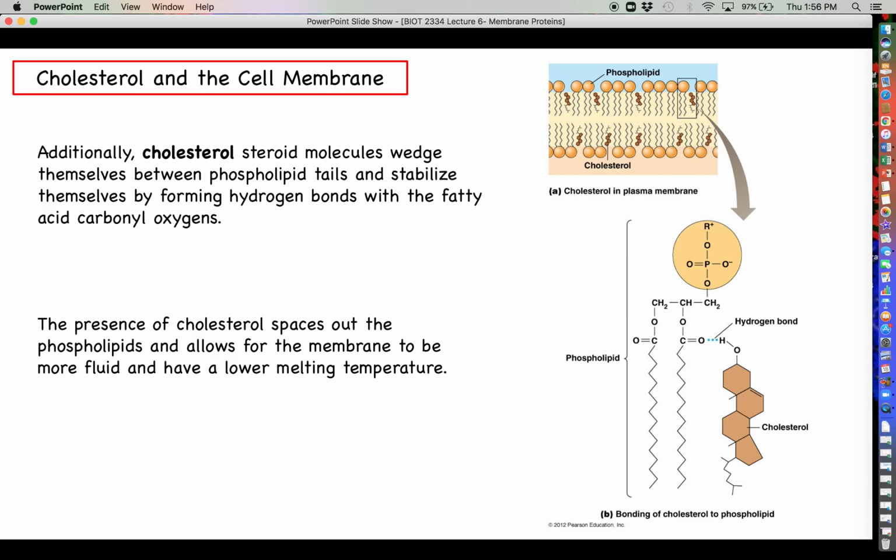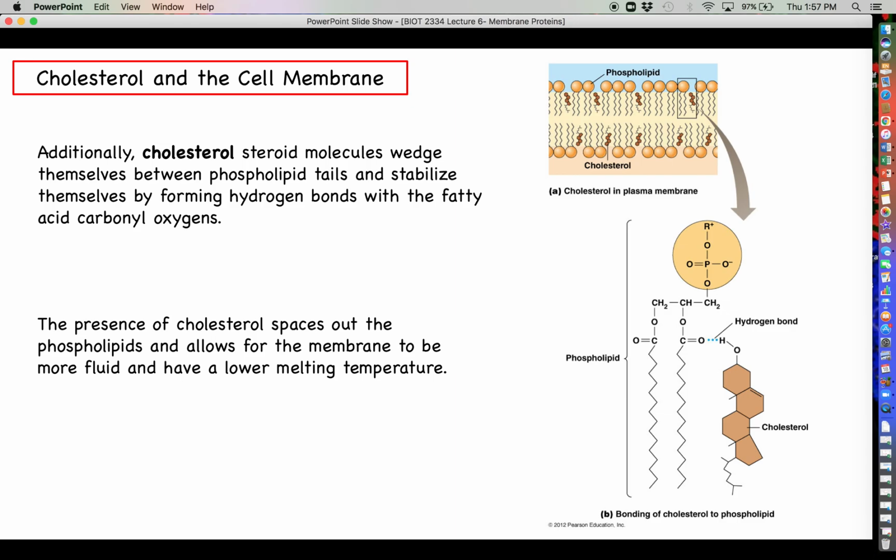Now, the purpose of cholesterol doing this is that by having cholesterol present in the cell membrane, it spaces out the fatty acid tails of the phospholipids, allows the whole phospholipid bilayer to take on a much more fluid characterization so that we don't end up with cell membranes that are more solid, which is what you would expect with highly dense fats packing together, like what you see with butter and lard.